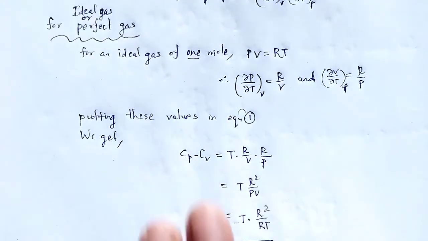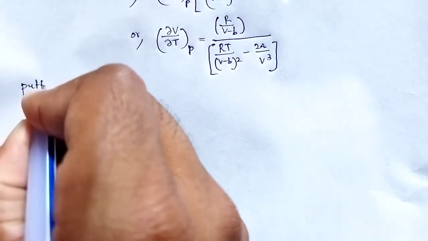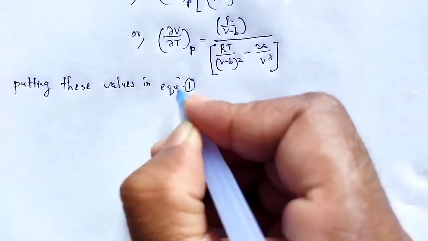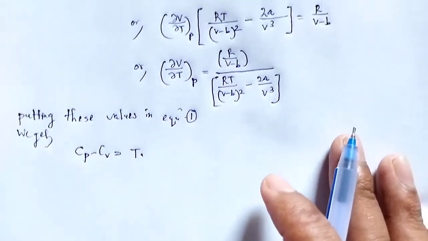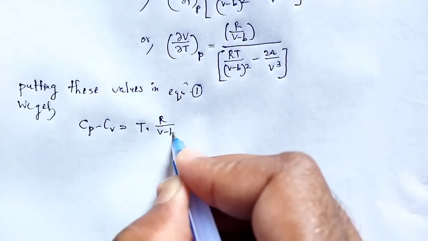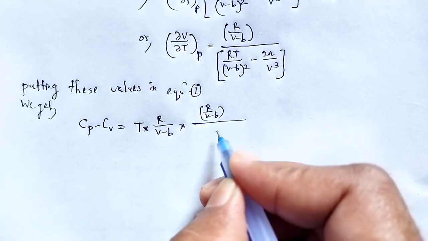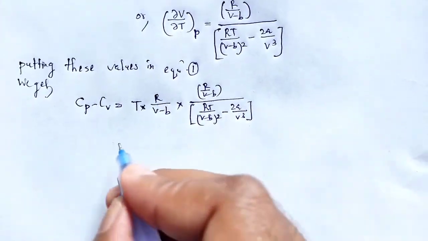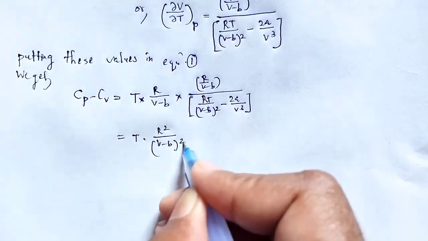Now putting these values in equation number 1, we get Cp minus Cv is equal to T into del P by del T at constant volume, that is R divided by V minus b, into del V by del T at constant pressure, so R by V minus b whole divided by RT divided by V minus b square minus 2a divided by V cube, is equal to T into R square divided by V minus b whole square.